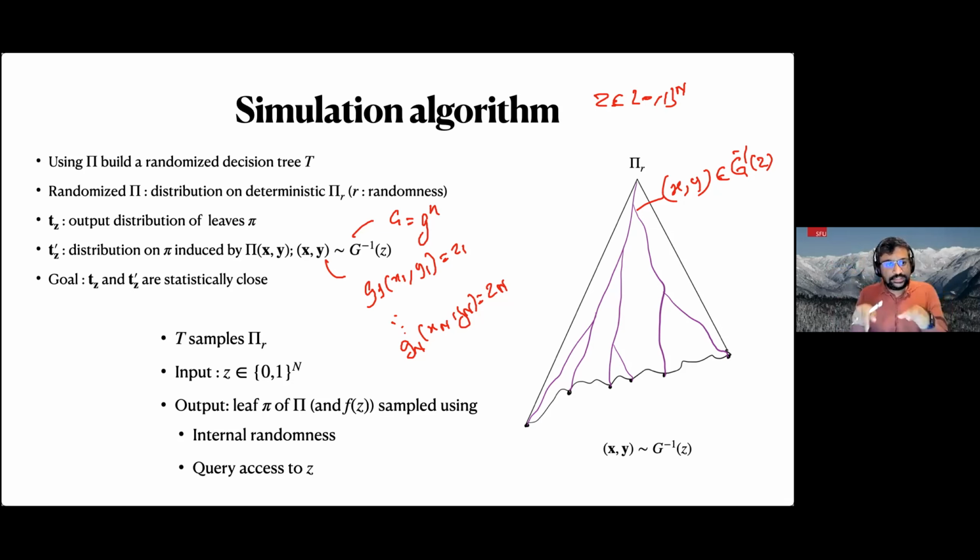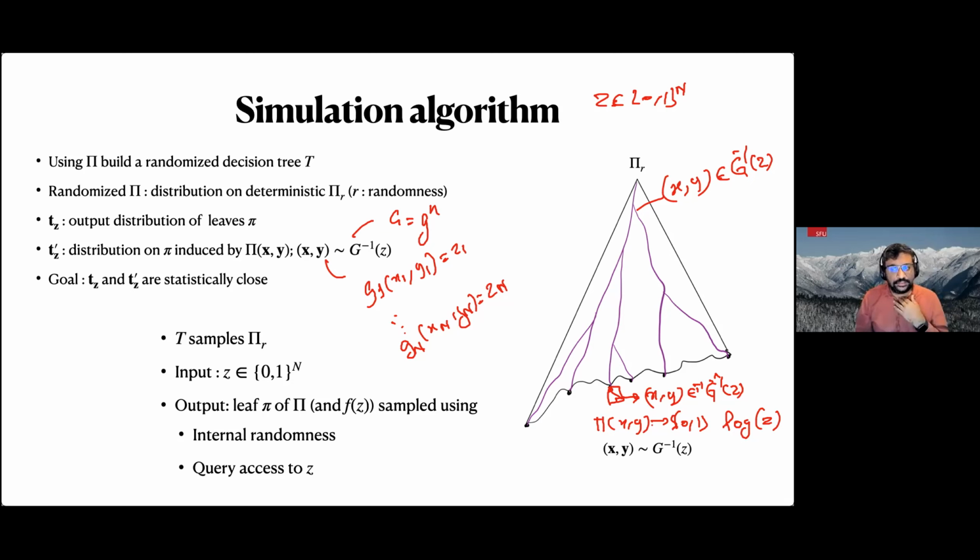But these leaves which support this xy also compute... at this leaf, because this is a deterministic protocol, there's some xy which is in G inverse of z. So whatever the protocol outputs as the 0, 1 value must be the value of f compose G^n on xy with high probability.